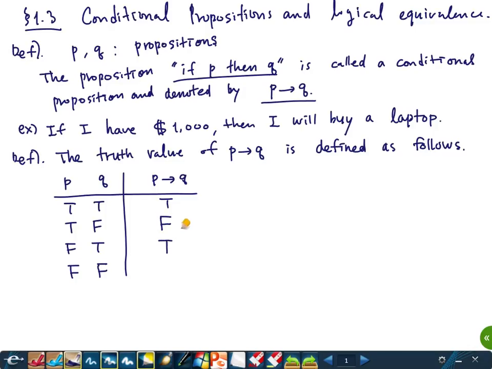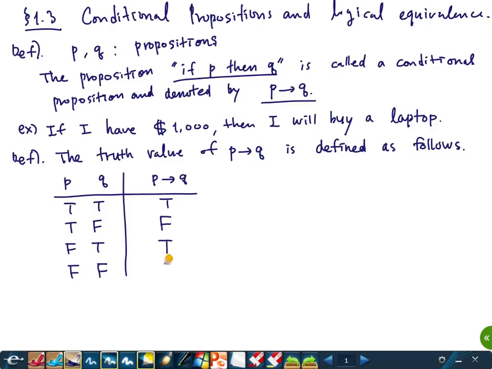What about this? How many of you think that this is true? In mathematics, there is no requirement for a definition, as long as there is no contradiction.